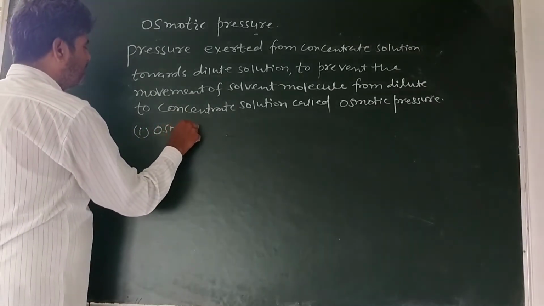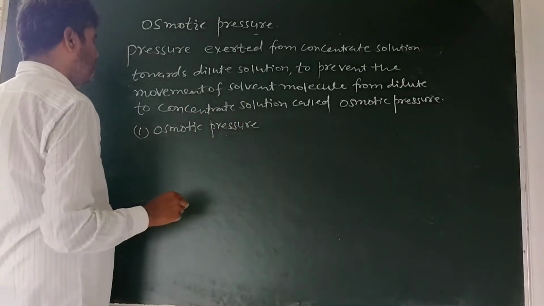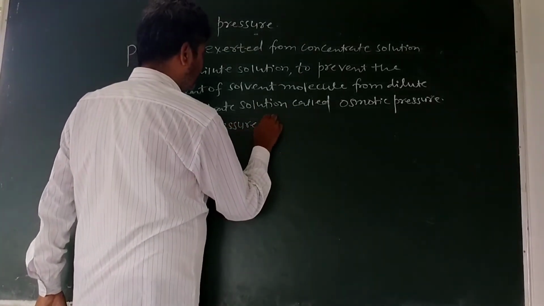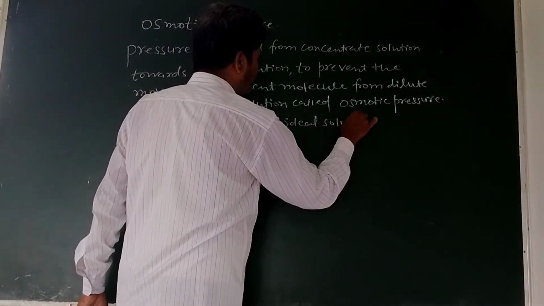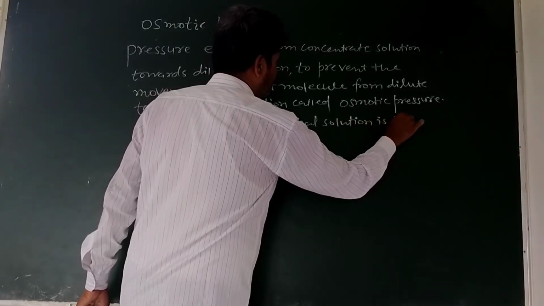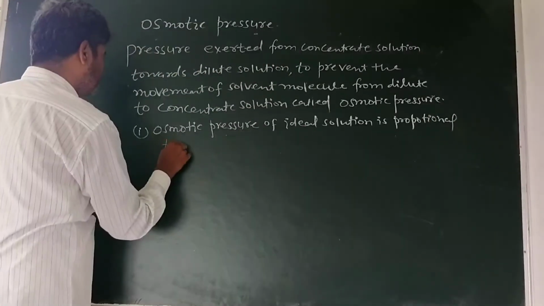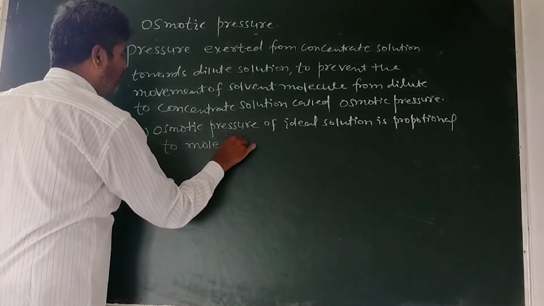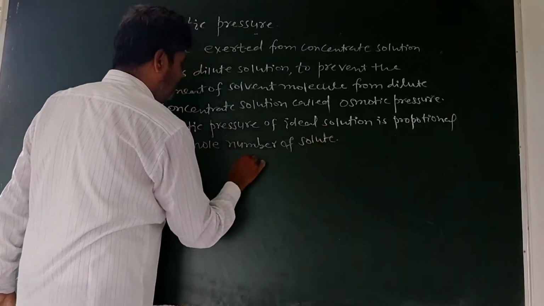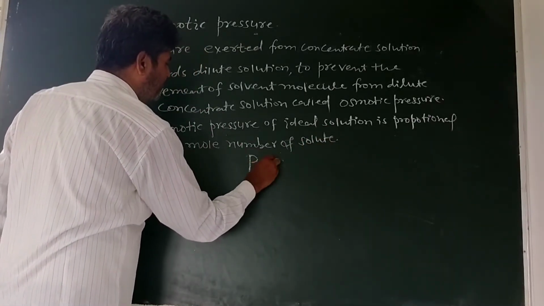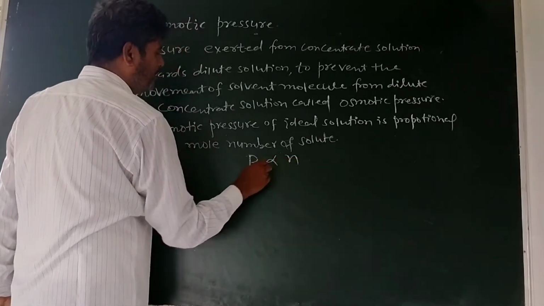So according to Van 't Hoff, osmotic pressure of an ideal solution is proportional to the mole number of solute, that is, pi is proportional to n.